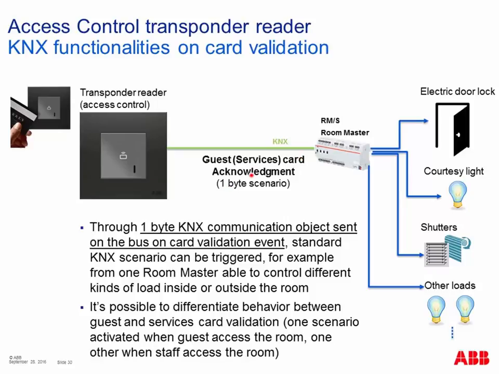Since a 1 byte object, for example, can be sent to a KNX device, for example, the room master. So with only 1 byte, I can notify the room master, and the room master on card validation executes a scene, controls the electric door lock, the cartridge light, the shutter, and so on.